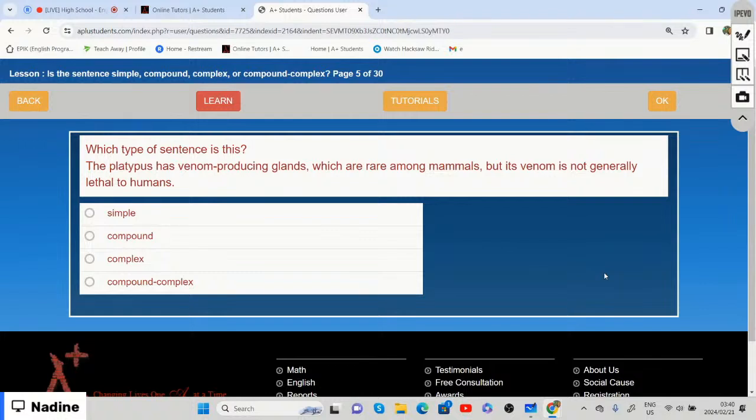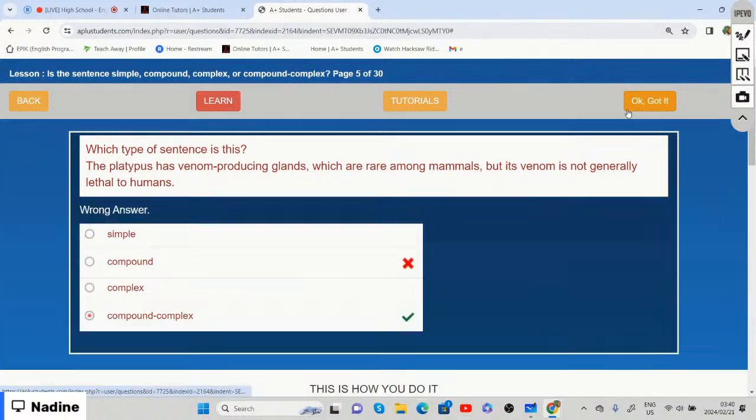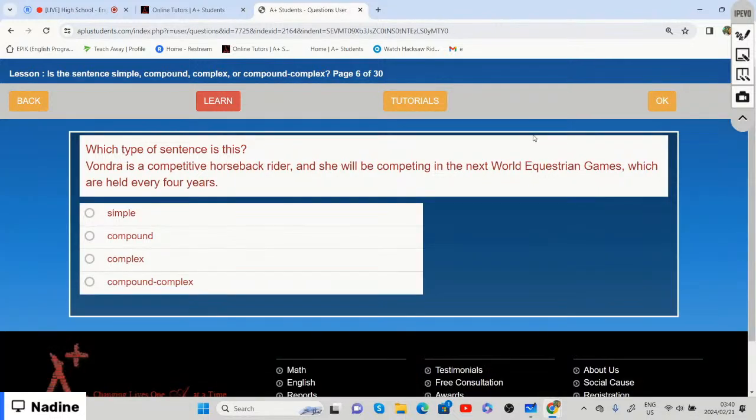And if we were to choose the correct type of sentence, is it simple, compound, complex, or compound complex? We'll say it's a compound sentence. The word but joins the two sentences. Oh, it's actually a compound complex sentence. All right. But we have our word but also there to join the sentences.